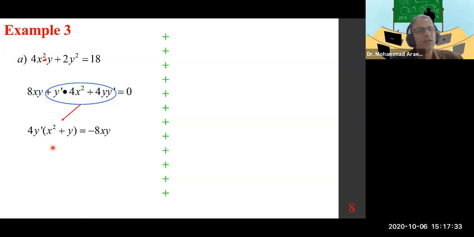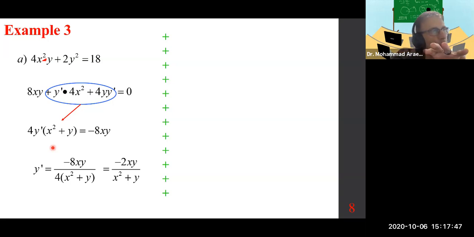We have factored these two pieces. It's a simple factoring. We have moved 8xy, and a common factor of 4 is dropped. And this is our final answer. Now, whether you put the negative sign in front of a fraction bar or at top makes no difference.